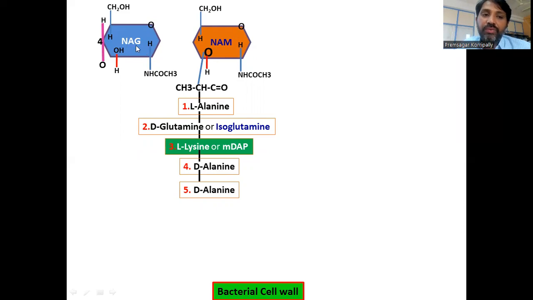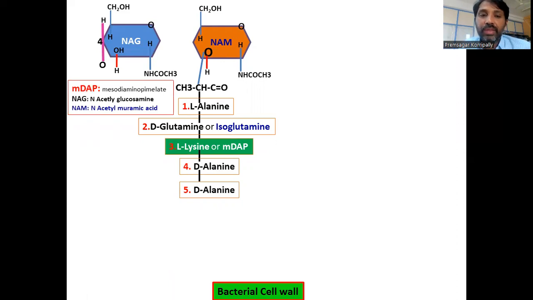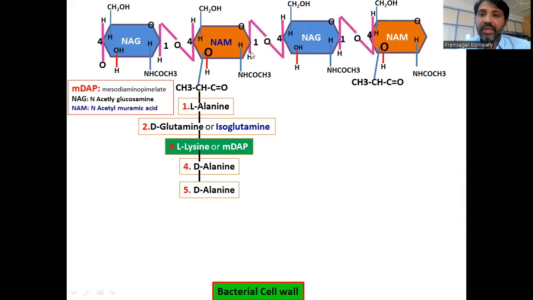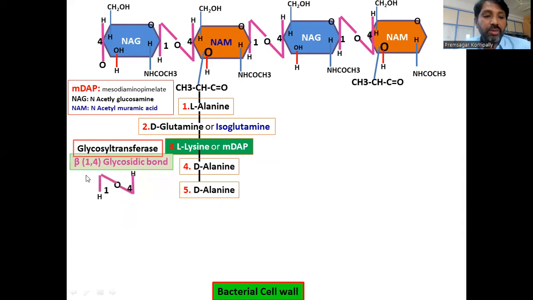The disaccharide of NAG and NAM is synthesized in the cytoplasm and exported to the external surface of the plasma membrane, where it is polymerized using penicillin binding proteins. Polymerization of the polysaccharide, that is NAG and NAM, is catalyzed by the enzyme glycosyl transferase. Glycosyl transferase establishes the glycosidic bond, the beta 1,4 glycosidic bond.